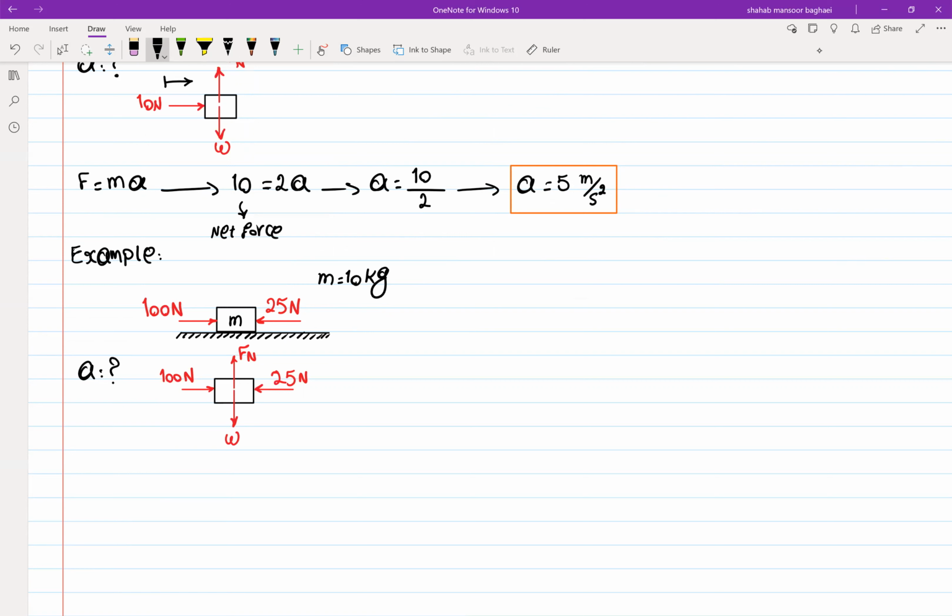Therefore, your block will go to the right. This is the direction of the motion. And along the motion, apply Newton's second law. In other words, ignore W and Fn. So apply it. F equal to ma. Pay attention, left side is net force. It means you have to apply all of forces along the motion to reach net force. Very important.